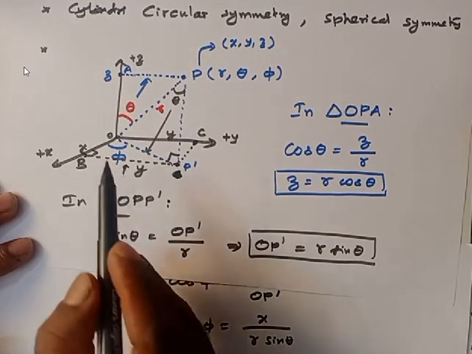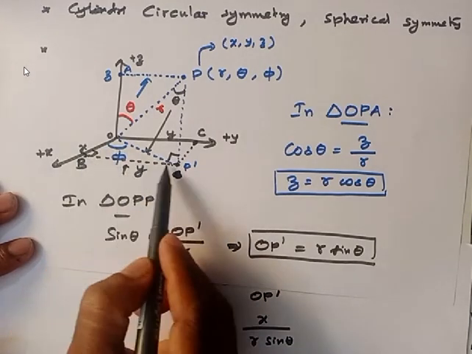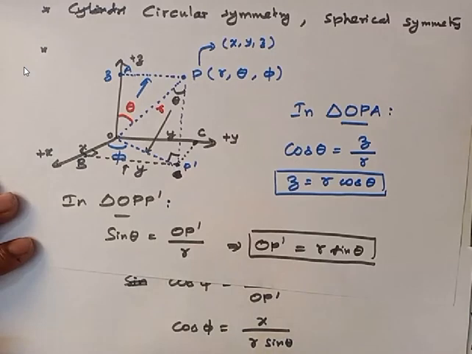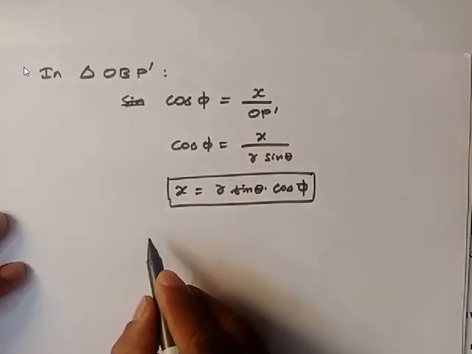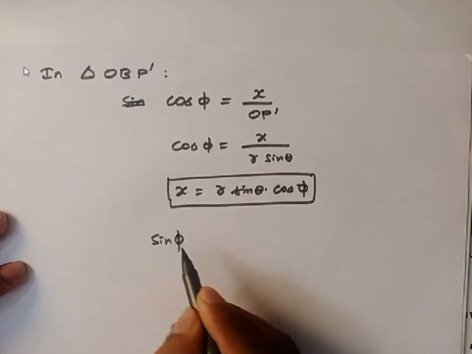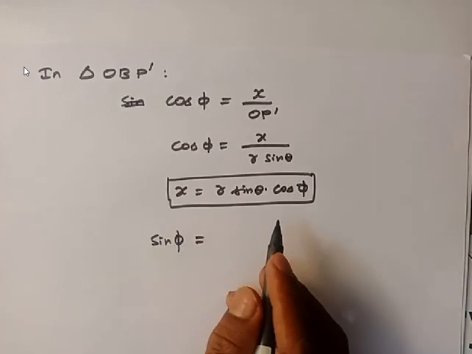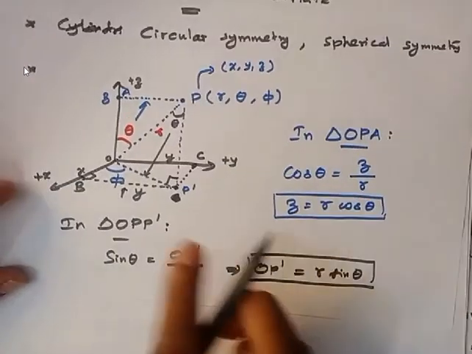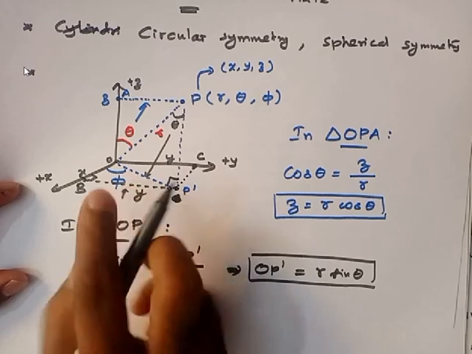Therefore, we can find the value of y by making use of the same triangle OBP prime. In triangle OBP prime, what is sin phi? Sin phi is nothing but opposite side by hypotenuse.